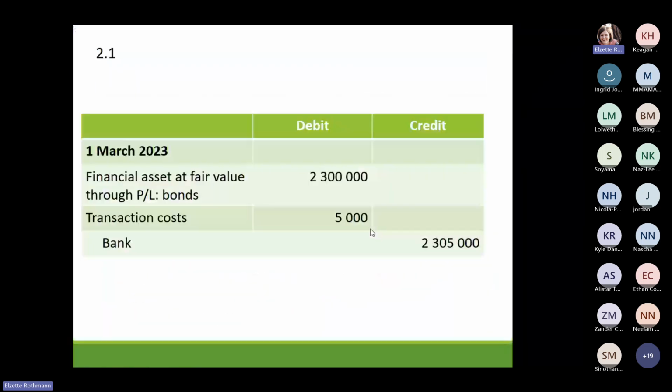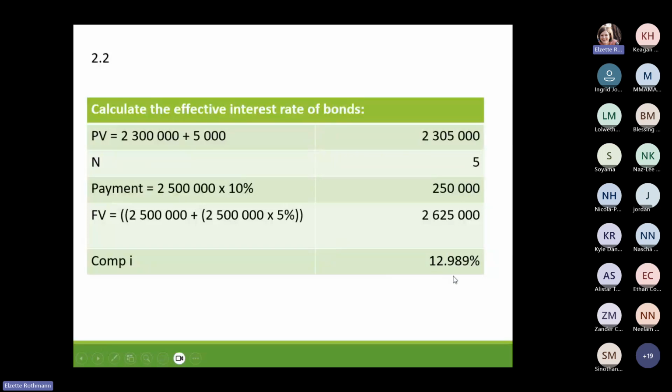By using your financial calculator, you then calculate interest. So your present value is the fair value plus the transaction cost. N is 5. Payment is the company's value times the 10%. And then your future value, they tell you you're going to have a premium of 5%, so in other words, it will basically grow by 5%. And then you can calculate interest.